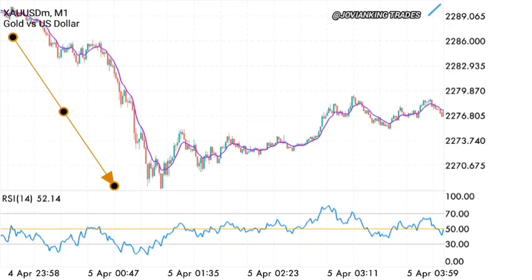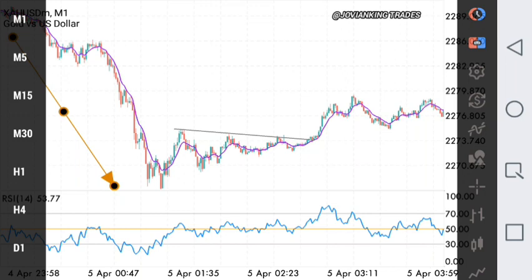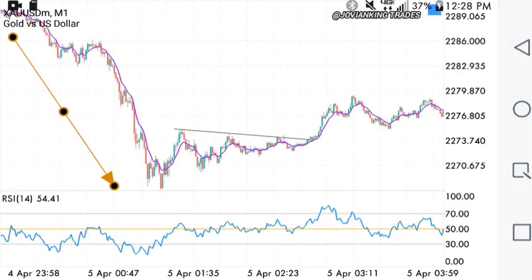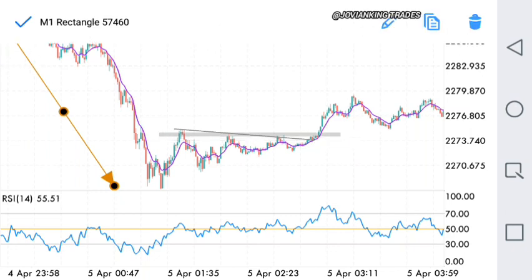Here you can decide to connect your highs this way, connecting the highs the market is creating, as you can see, something of this nature. And you can also connect your highs by creating a horizontal support or resistance area, right?